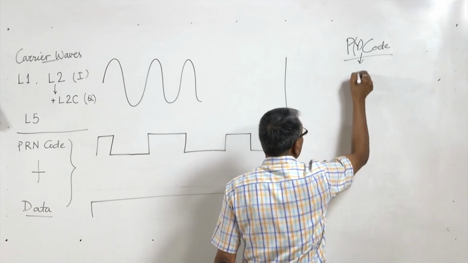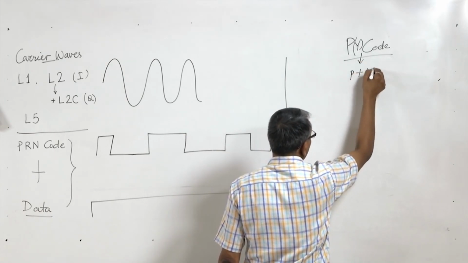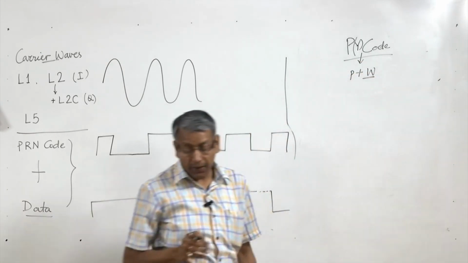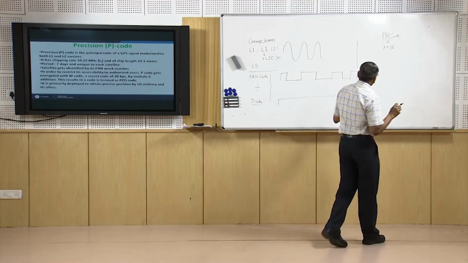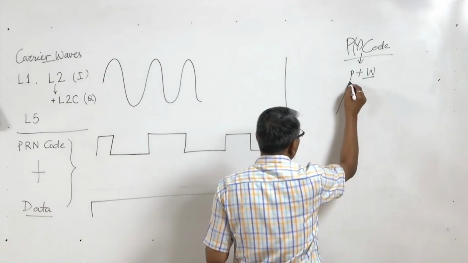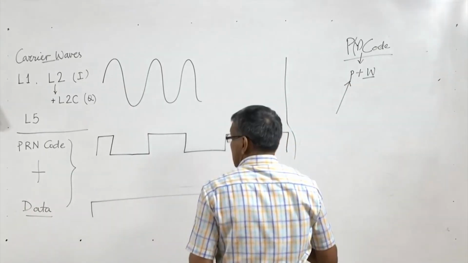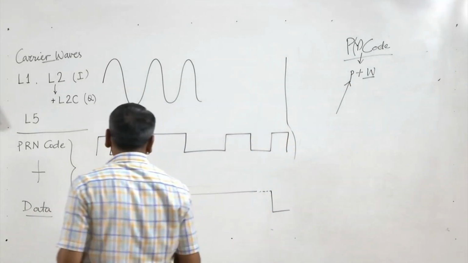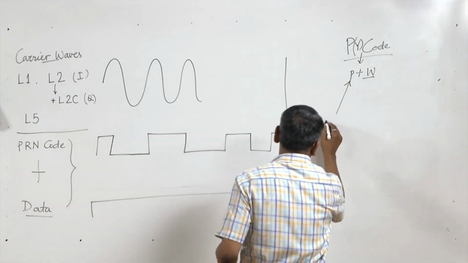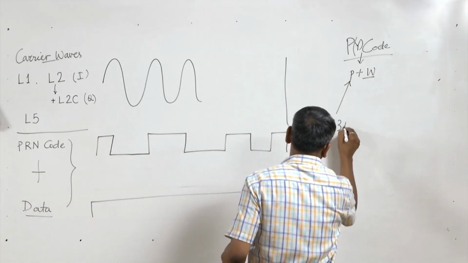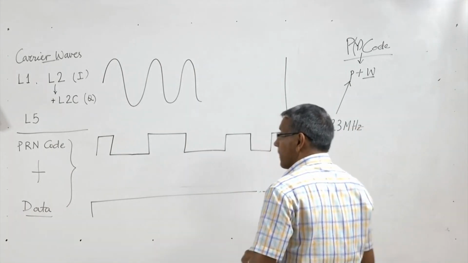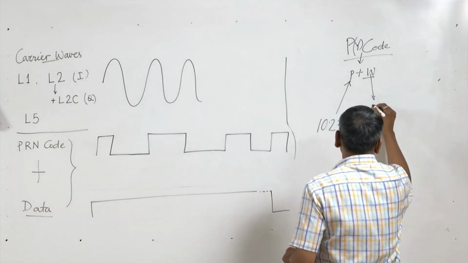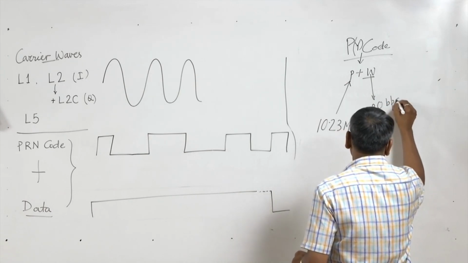As I told you, the PY code is nothing but the P code encrypted with another code called the W code, and this P code has a chipping rate of 10.23 megahertz, whereas the W code has 20 bits per second.